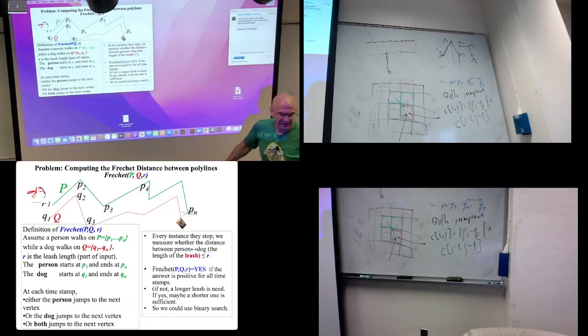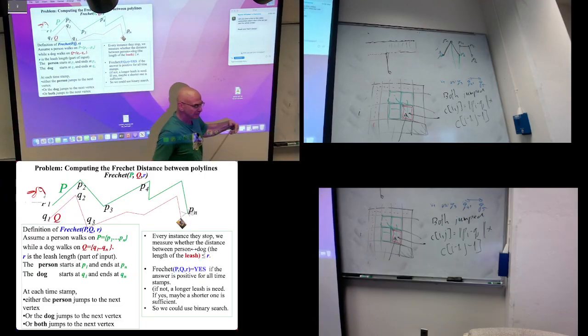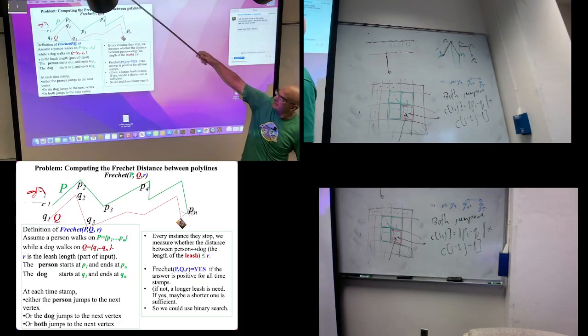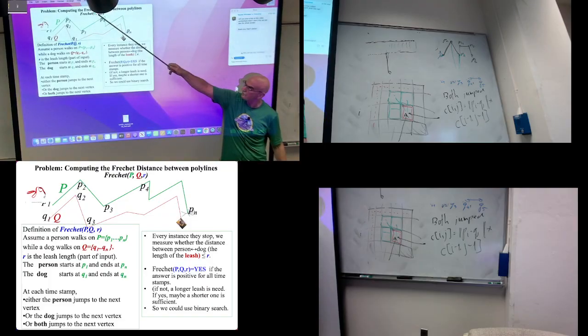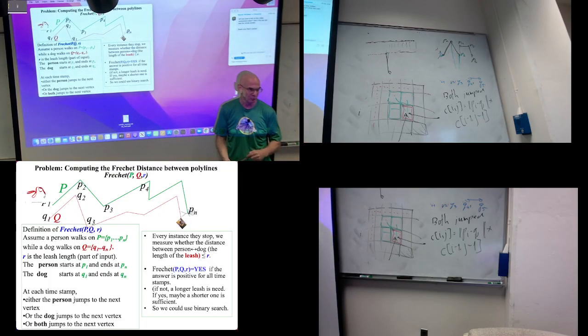And there is a very important trick that I want to show you, useful here and useful for many other algorithms. I will not try to find the best leash ahead of time. I first build an oracle that takes P and takes Q, but also takes some number R that you have in mind, say 1 meter. R is the length of a leash that you have in mind.